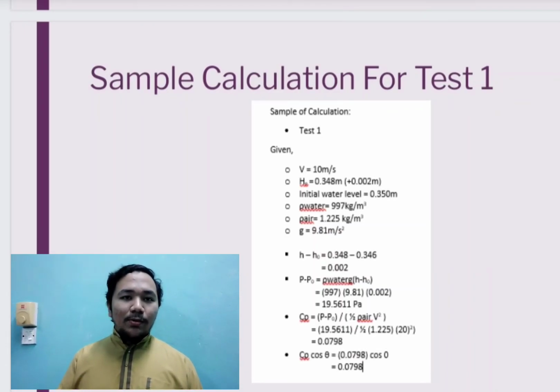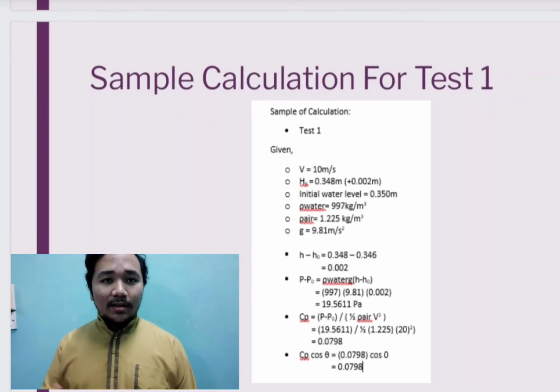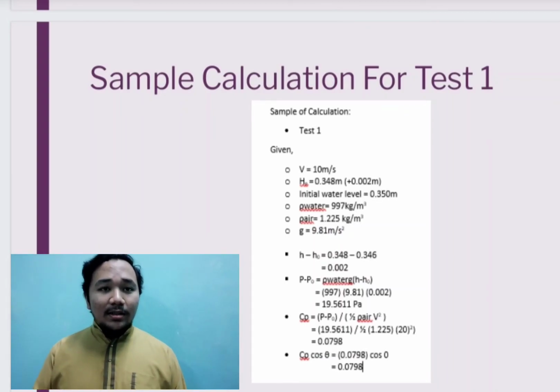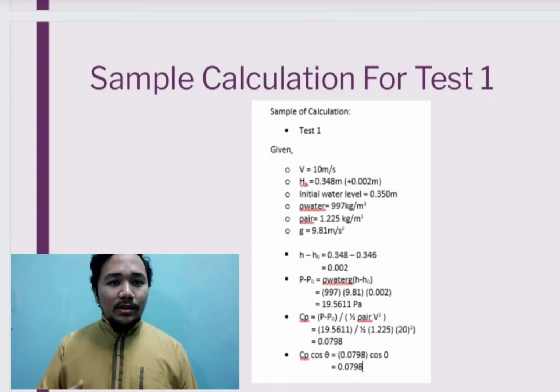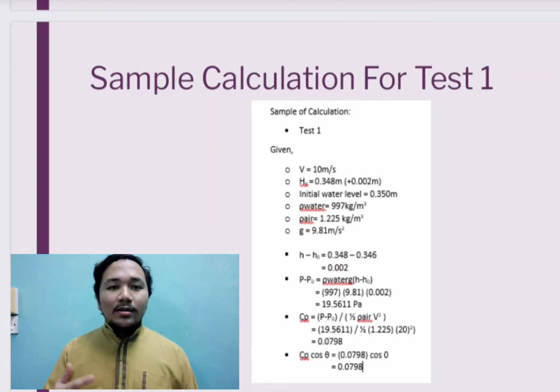Insert the value and we get 0.0798. Lastly, we need to find the coefficient of pressure times cos of the angle. So insert the value, 0.0798 times cos 0, and we get 0.0798.